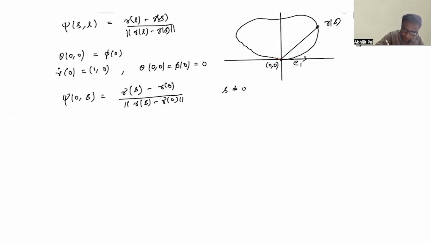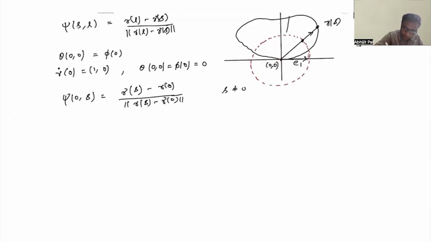So this is my unit vector, and corresponding to this vector, we'll get a point here on this unit circle.